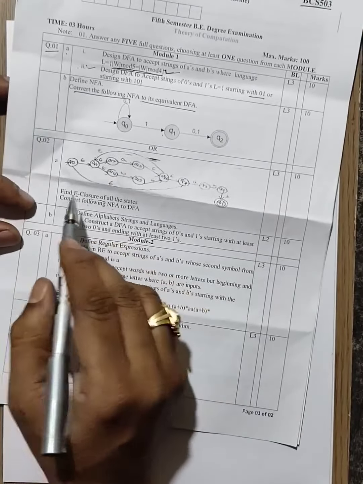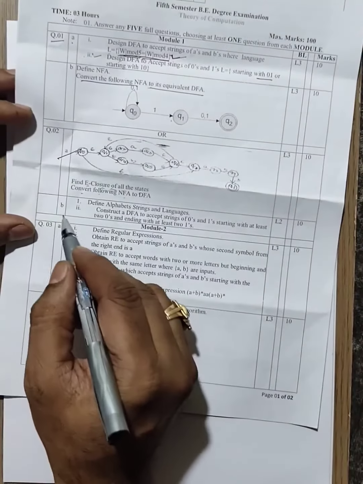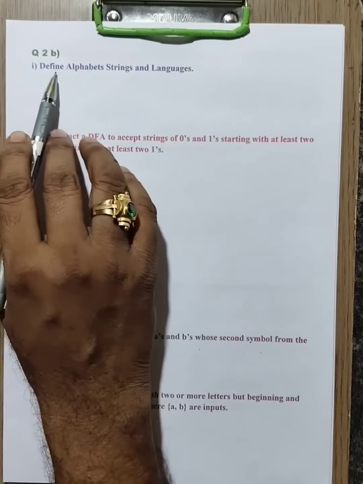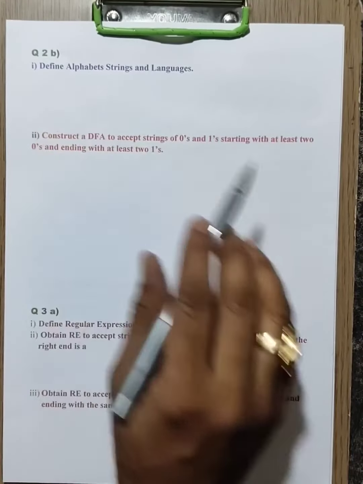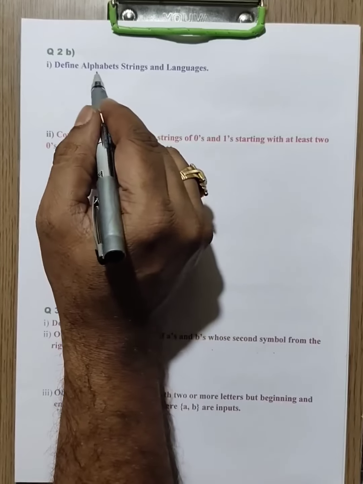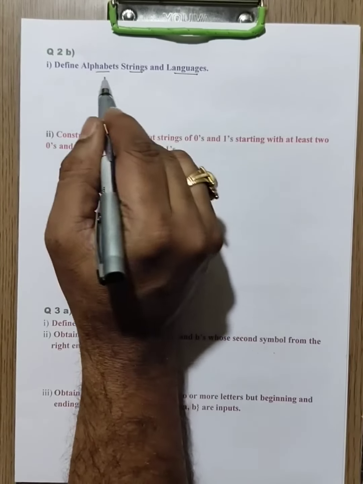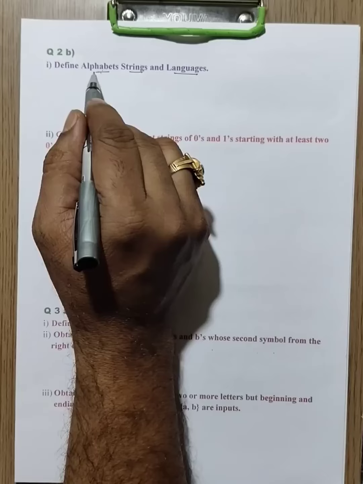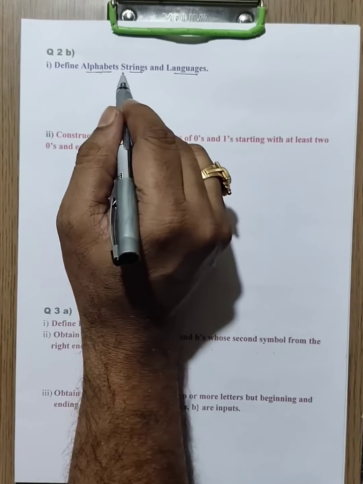Question number 2B: define alphabets, string, and language. What is alphabets? A word consists of various symbols. That symbol is called alphabets. What is string?